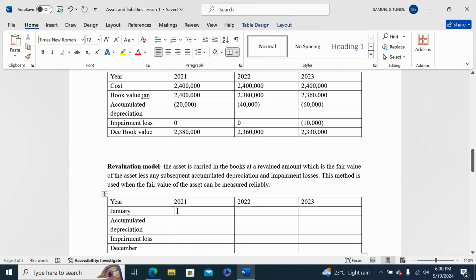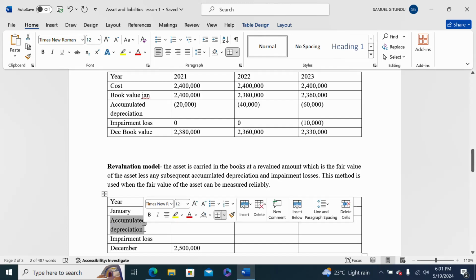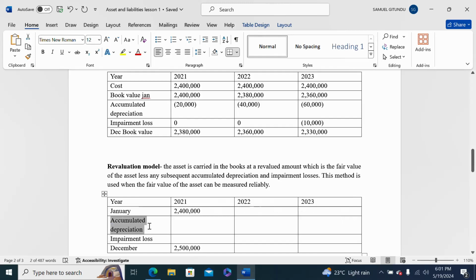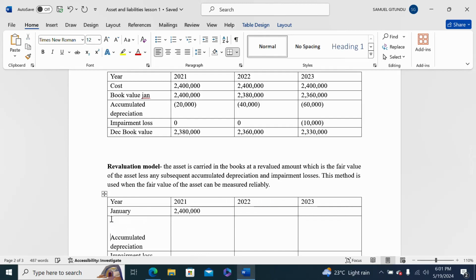In January 2021, you bought this asset and the cost was 2.4 million. At December, a professional valuer comes and says that the value of the asset now is 2.5 million. Therefore, in this case, you find that there's a revaluation.